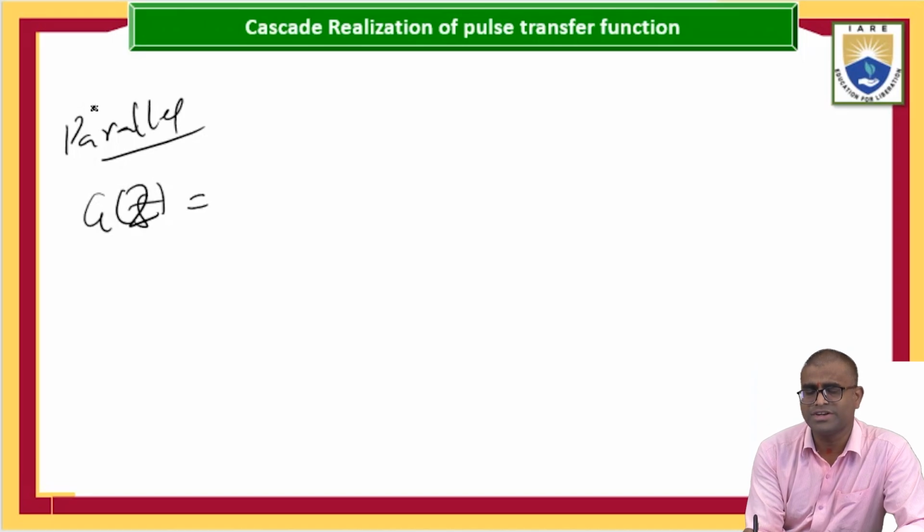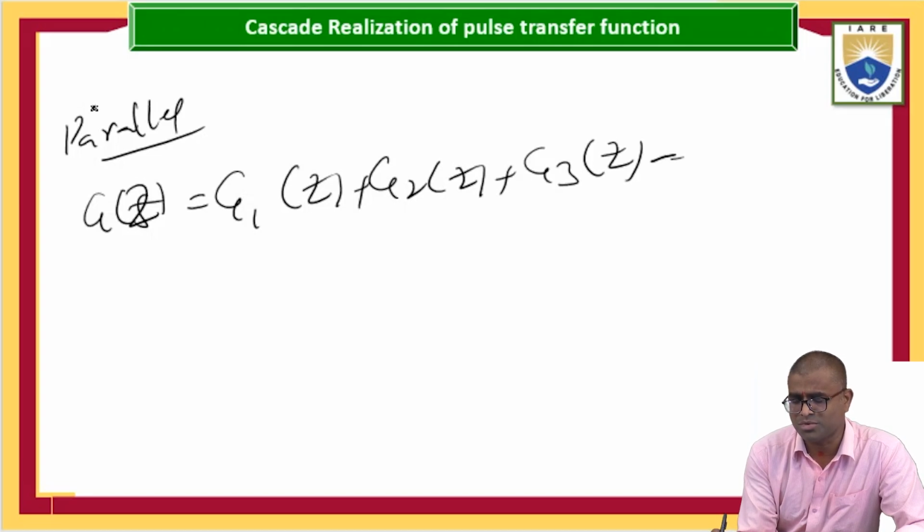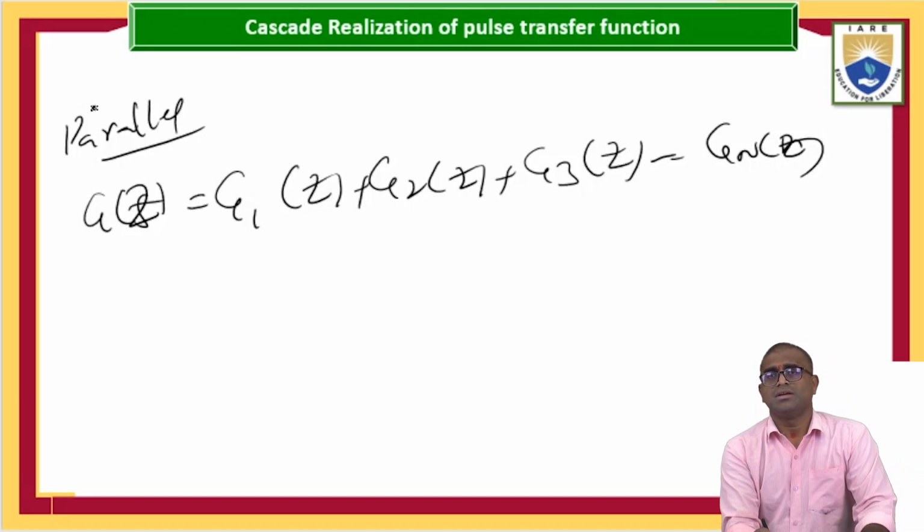equal to g1 of z plus g2 of z plus g3 of z and so on up to gn of z.